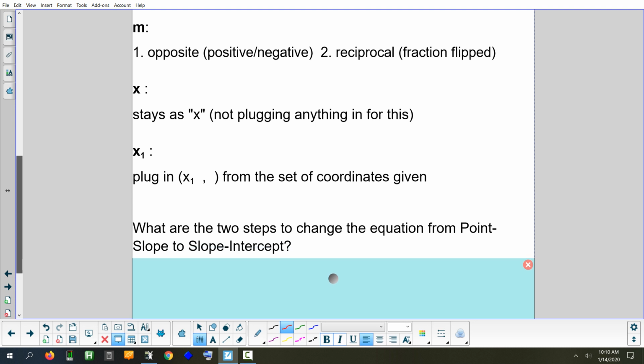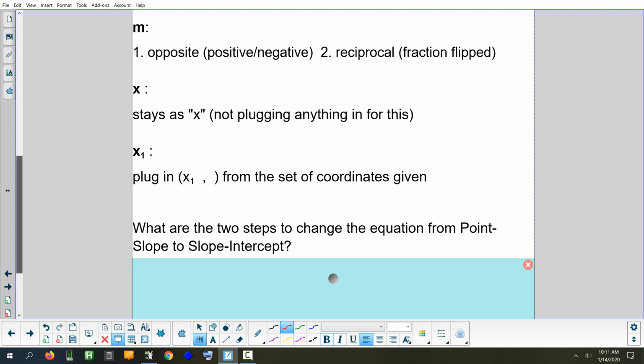Now, if they ask you to, and I will ask you this on the test, to change from point slope to slope intercept, there's 2 steps. I didn't really leave you guys space for this because you wrote it on your notes yesterday. You could squeeze it somewhere if you want to write it again. But what are the 2 steps to change from point slope to slope intercept?